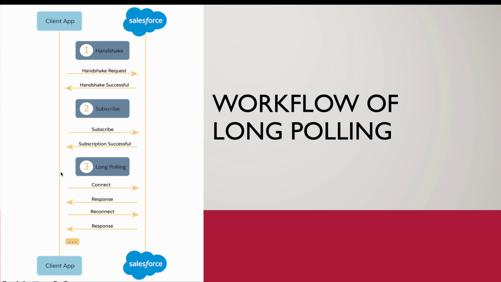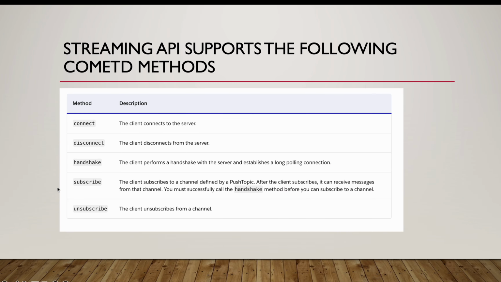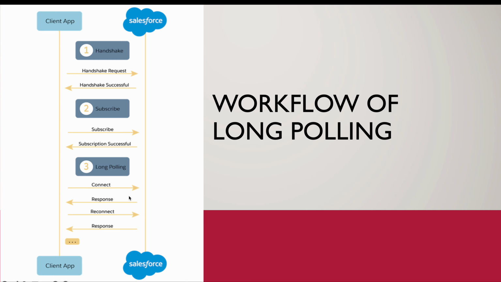The third step is long polling. In long polling, the client app makes a connect request, so you see this method connect. The client app makes the request and waits for a timeout period. After it waits for the timeout period, if we have the response back, it's good.